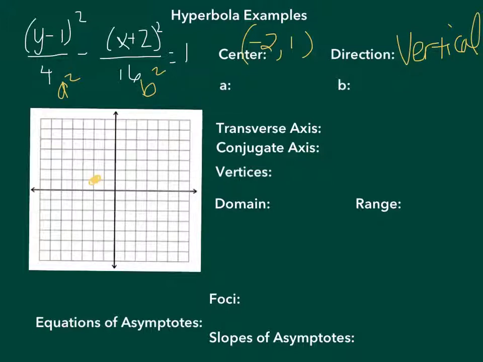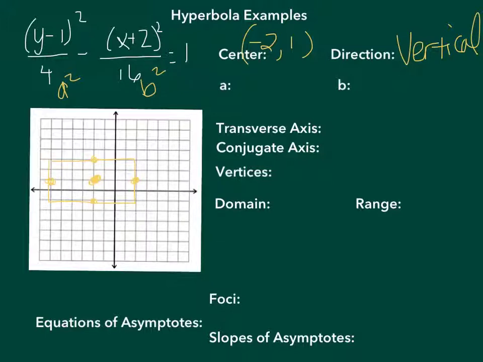And I'm going to move 2 units vertically, because my A is 2 and I want to go up vertically, and then I'm moving 4 units out, right and left. And then there's my little box.